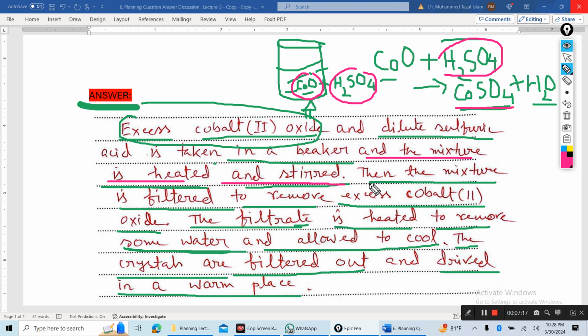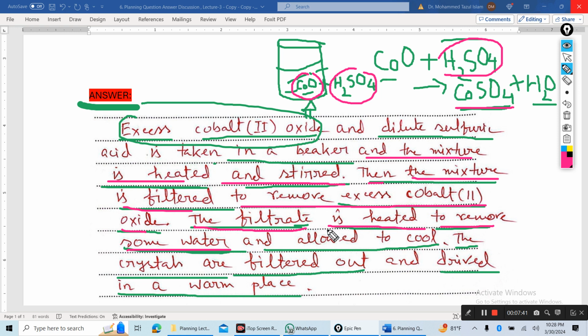Then the mixture is filtered to remove excess cobalt oxide. After filtration, the filtrate is heated to remove some water, or you can write the filtrate is heated to the crystallization point.